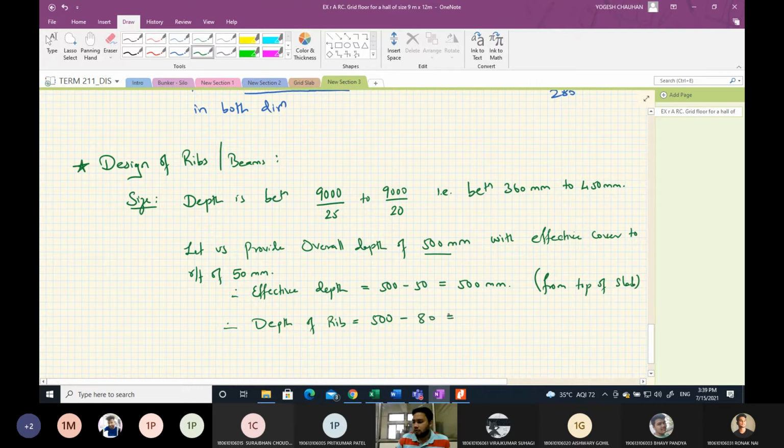So that will be equal to 420 mm. So this is the depth of the rib, this is the overall depth, this is the effective cover, and this is the effective depth.